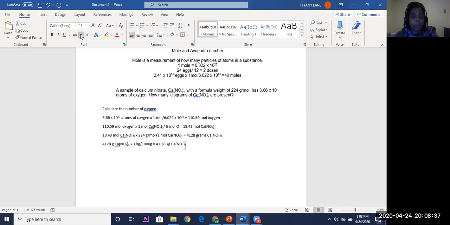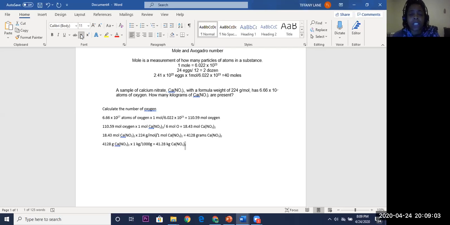Formula weight, I'm thinking about the weight of something. Then it says grams, and then I'm looking at moles. That instantly made me go into what is a mole, and that's why I shared with you what a mole is: a measurement of how many particles or atoms are in the substance. Then the question was asking how many kilograms of calcium nitrate were present.